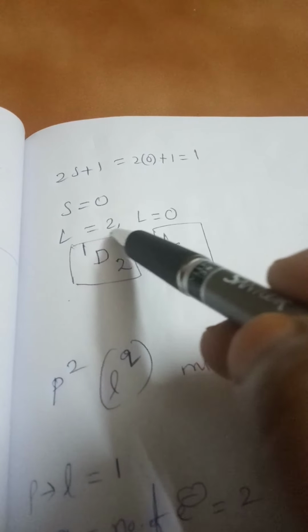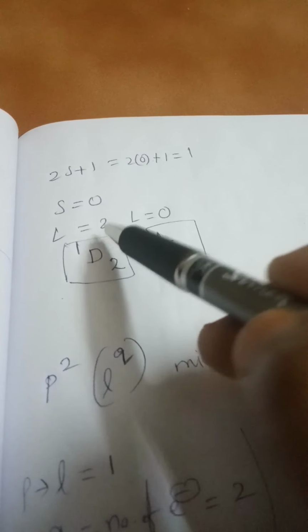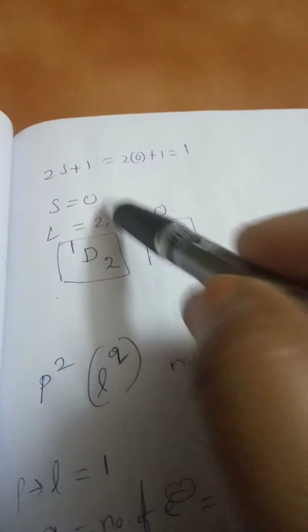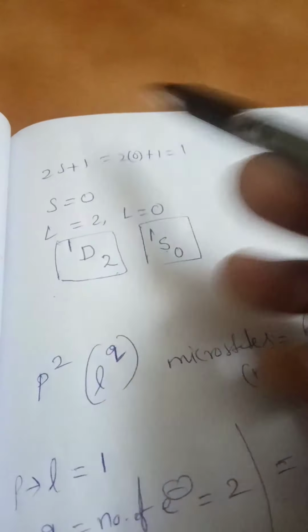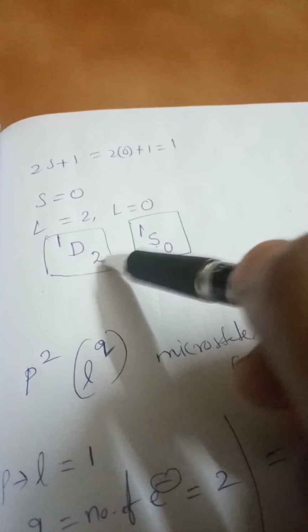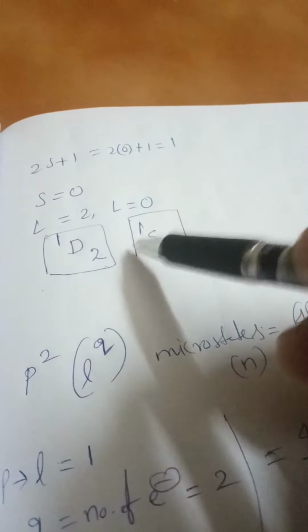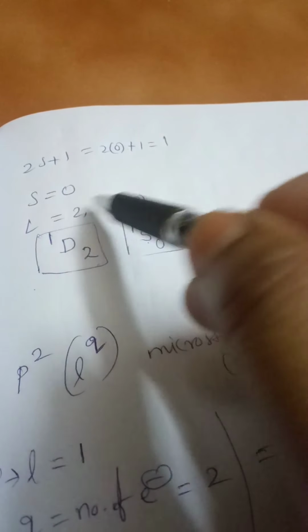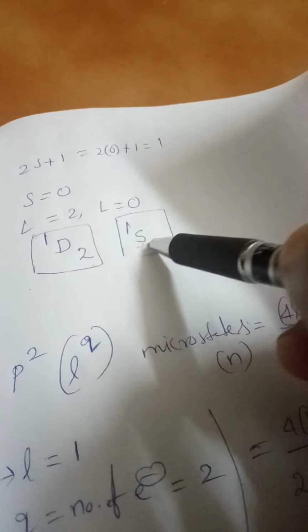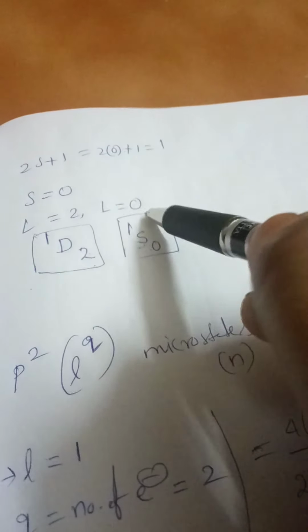So L equal to 2 means D term, singlet D2: L plus S is 2 plus 0, which is 2, and 2 minus 0 is also 2. So we get only 1 J value, because spin multiplicity is 1. Whereas for S equal to 0 and L equal to 0, the term is S, and again 0 plus 0 is 0.